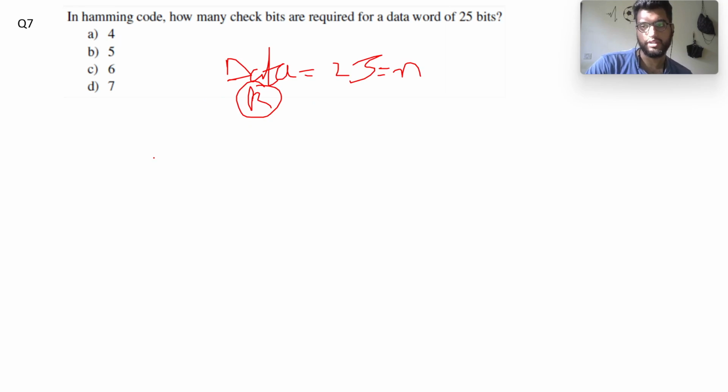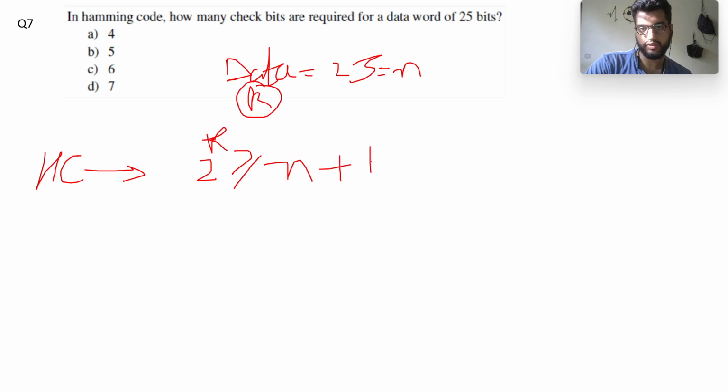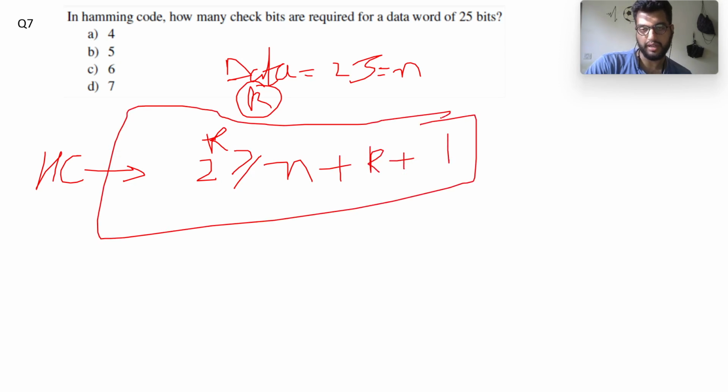So we have this condition for the Hamming code that needs to be followed: 2 raised to the power k should always be greater than or equal to n plus k plus 1. You need to keep this condition in mind.